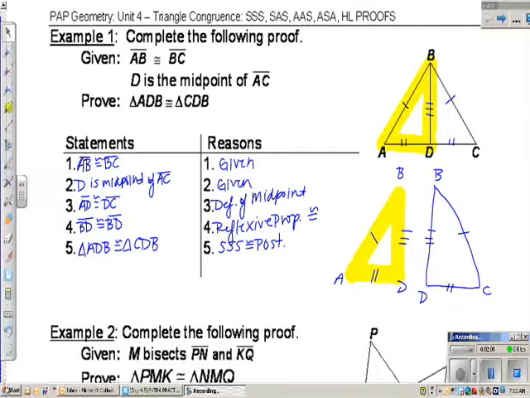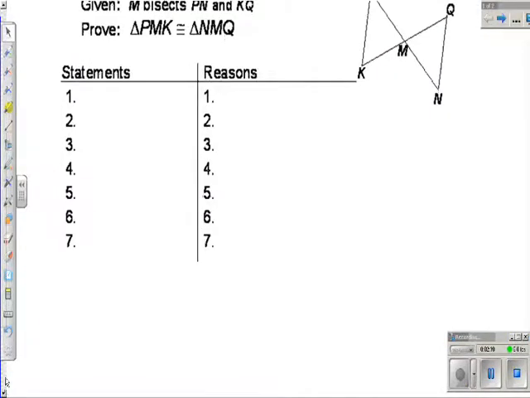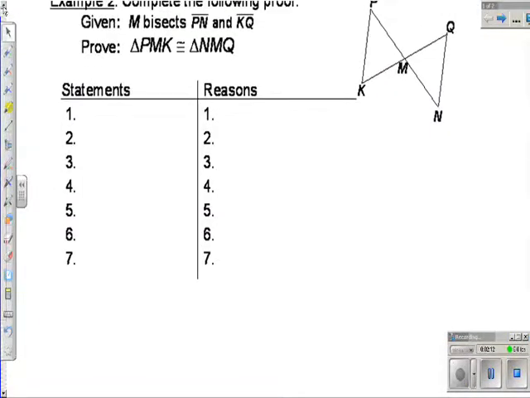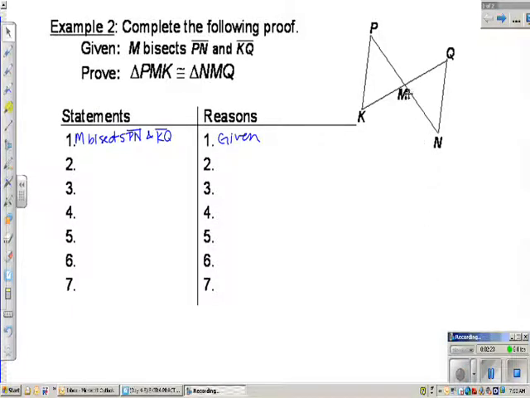From here, we're going to go ahead and move down to the next proof. This one tells us that M bisects PN and KQ. So we're going to go ahead and write that down. Now that tells us that M is the midpoint of PN and M is the midpoint of KQ by definition of midpoint, or by definition of bisect.